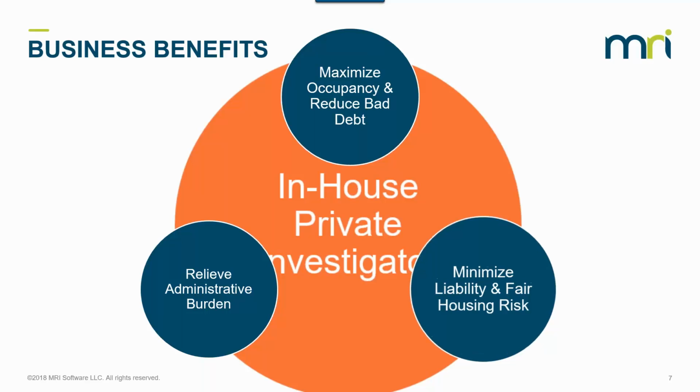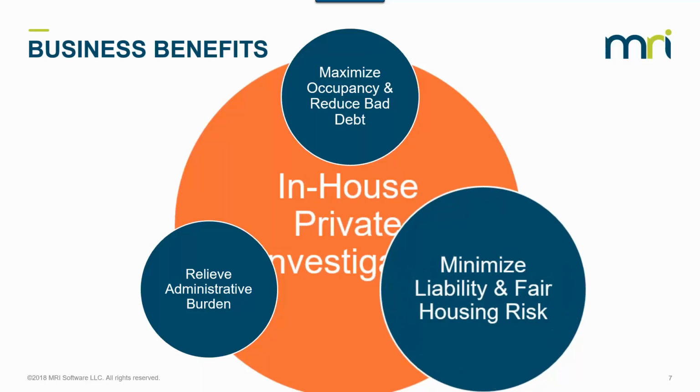And that leads to the next business benefit, which is helping to minimize your liability and your fair housing risk. It eliminates the need for an override because the Resident Check team has already ensured that there are no false positives with the results that you receive and the criteria that have been applied for your property.